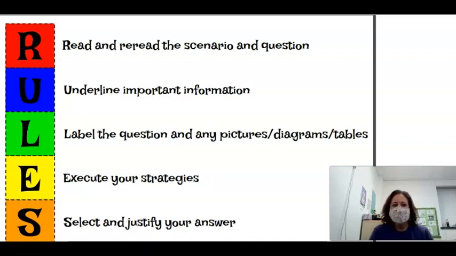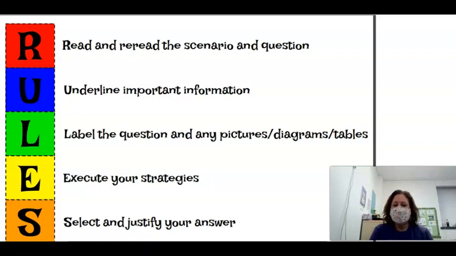Okay? So R is for read and reread, U is for underline the important information, and L is to label the questions. Or if you have pictures or diagrams, let's say maybe you have a map or maybe you have an input-output table or something like that, you're going to label that.